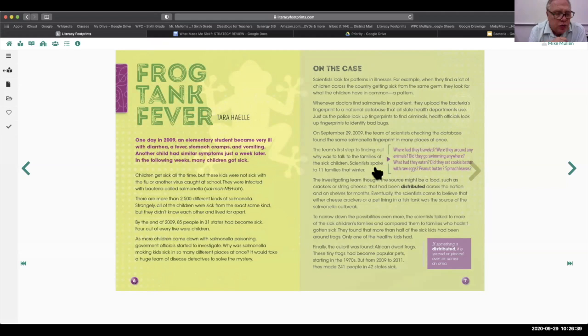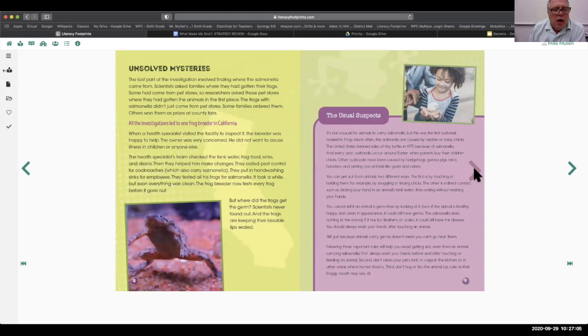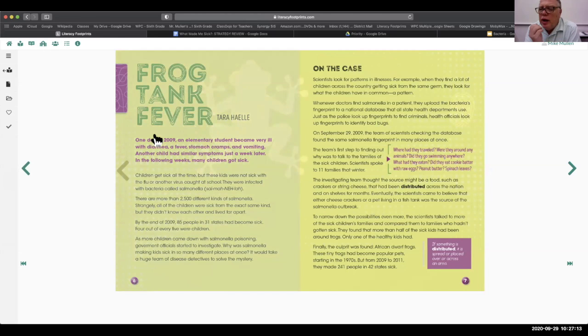And so the suggestion from our cards, our strategy card or our tool, is that we often look at the subtitles to get a clue as to what we're going to learn next. The question is, what am I next going to learn? Unsolved mysteries. Okay? So, we've already read the situation, so let's make a prediction.